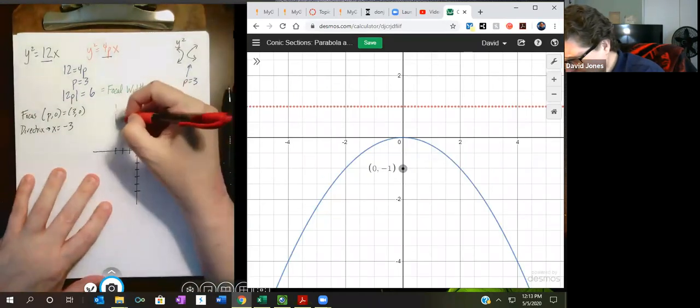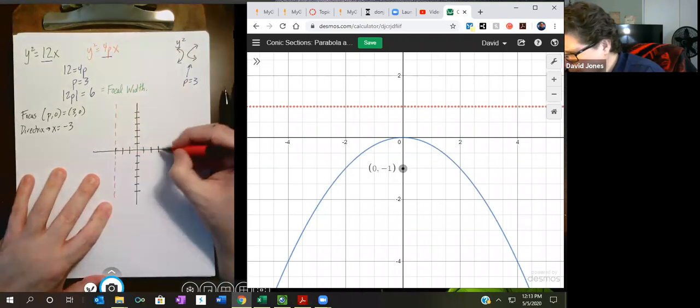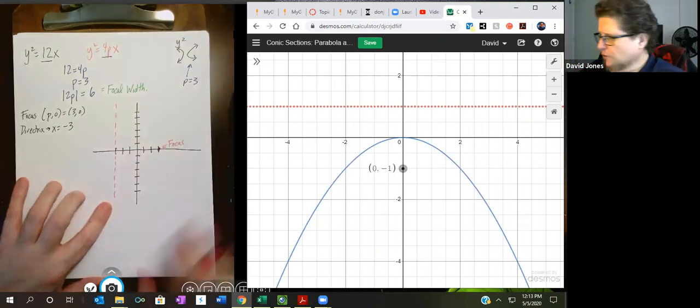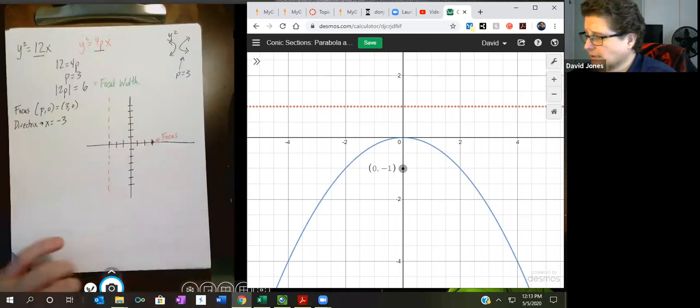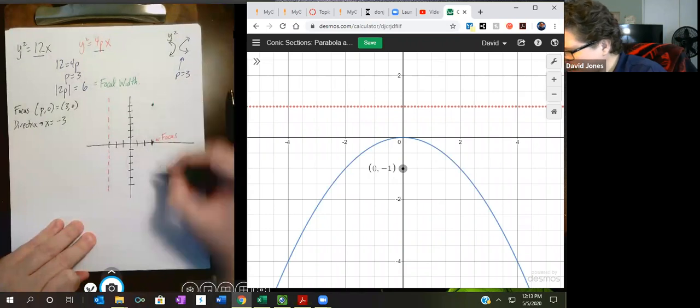So my directrix is back here. My focus is right here. This focal width is 6. And I need to go up 6 and down 6.